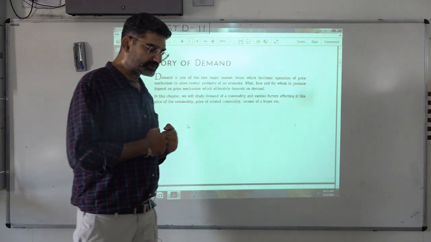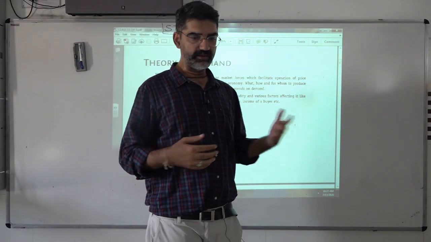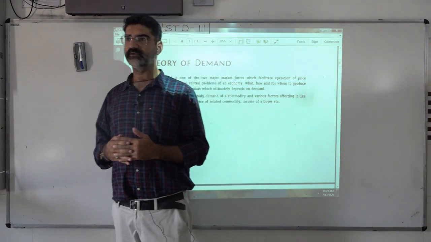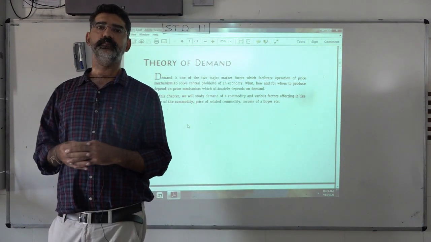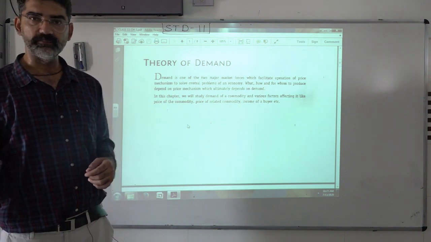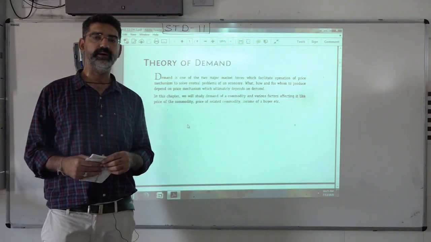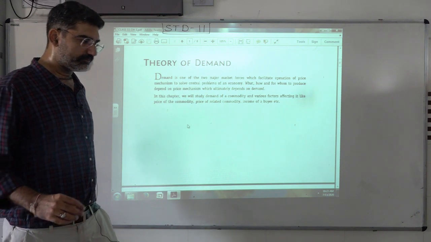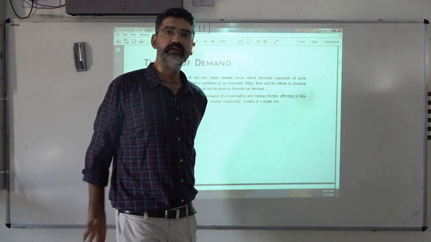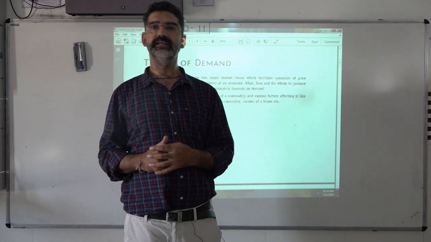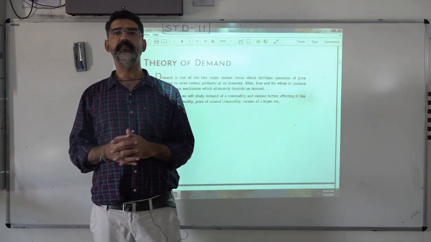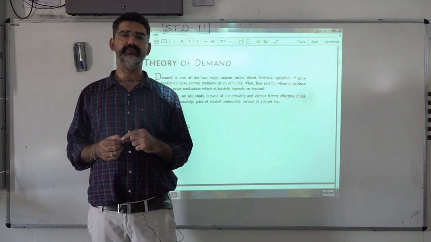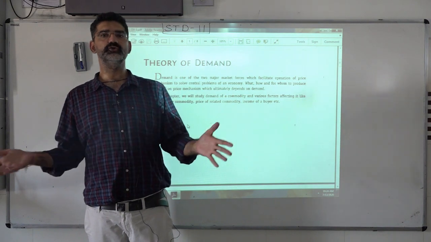Now, before starting the chapter, in our earlier chapter, we have seen that the price of any commodity in the market is decided by the market forces. अब market forces कौन से हैं? There are two market forces, demand and supply. The price of any commodity in the market is decided on the basis of these two market forces only.